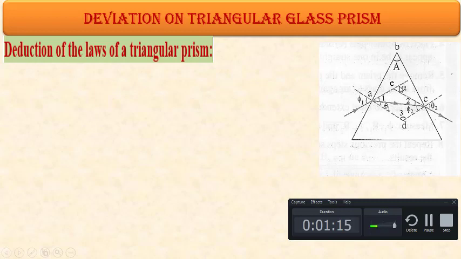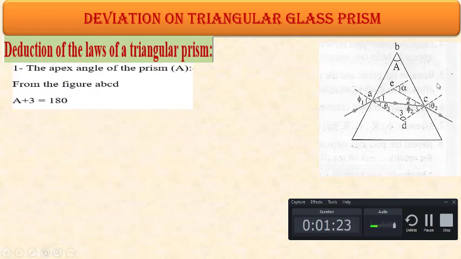What is meant by it? It is the angle between the extension of the incident ray, this, and the emergent ray, this. I would like to get the relation between apex angle A and phi 1, theta 2 as follows. If you look at this shape, A, B, C, D, it's a cyclic quadrilateral, which means that the sum of each two opposite angles is 180. So angle A plus angle 3 is 180.